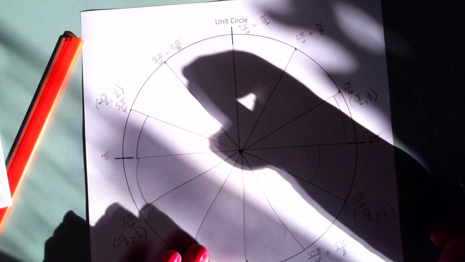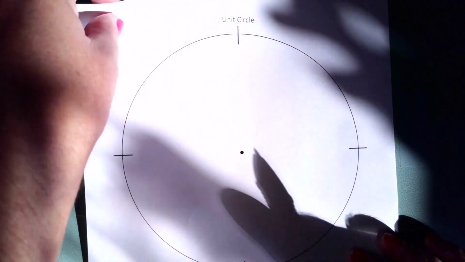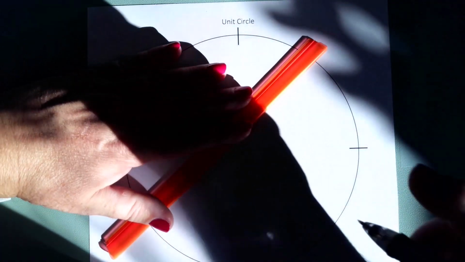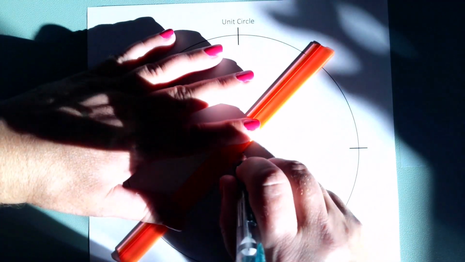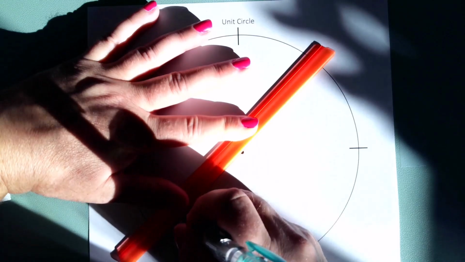Okay, so we have one more denomination of unit circle, and that's where we have folded it diagonally, and I'm going to attempt here just to draw this in. So we're going like this.